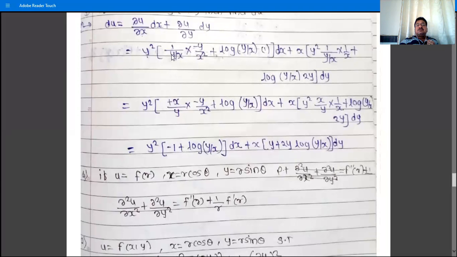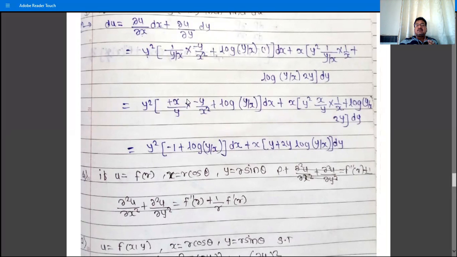Divided by y by x means multiplied by x by y. So write here x, so this becomes x square. Now here write x, then x square by y, then into minus y by x square. Okay, so this calculation becomes minus 1.